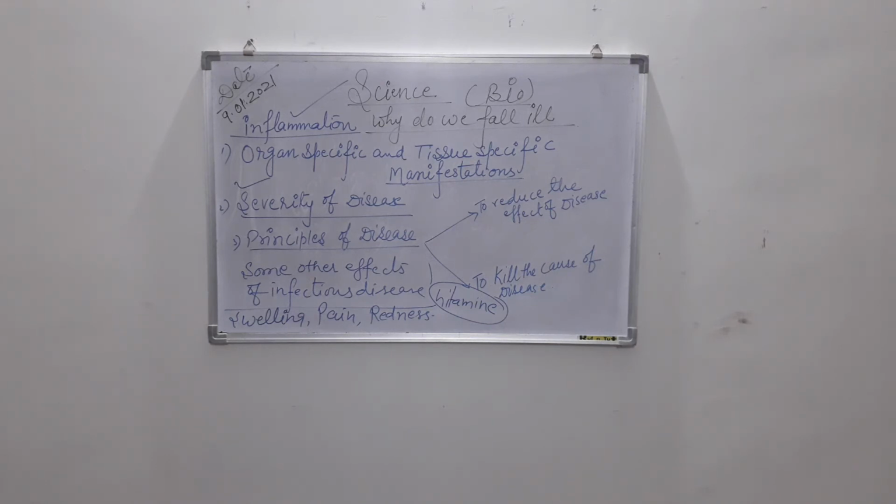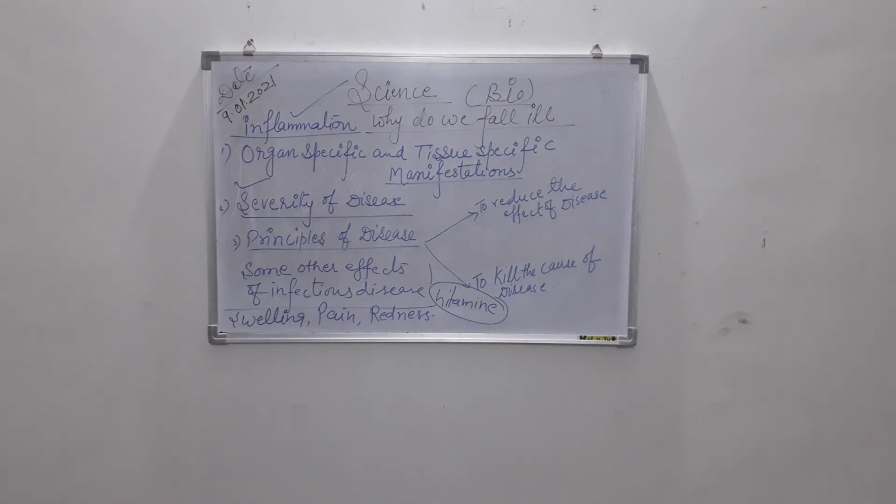That is decided by our immune system. The severity of disease manifestations depends on the number of microbes in the body. How many microbes are there? That depends upon our immune system.